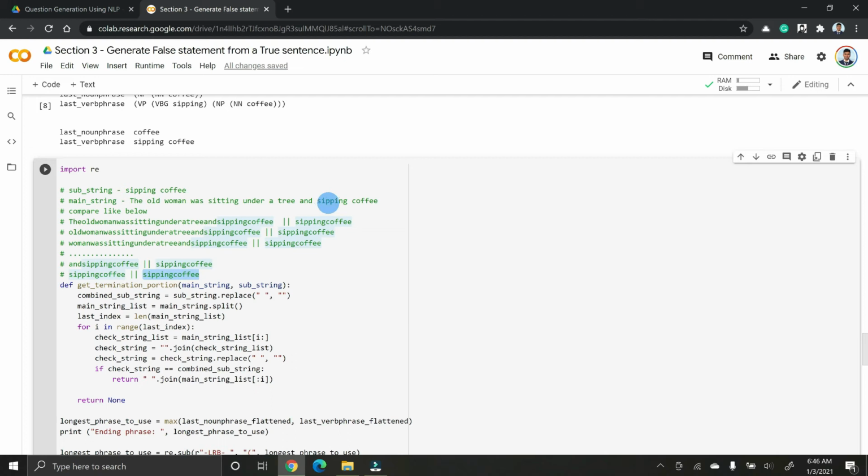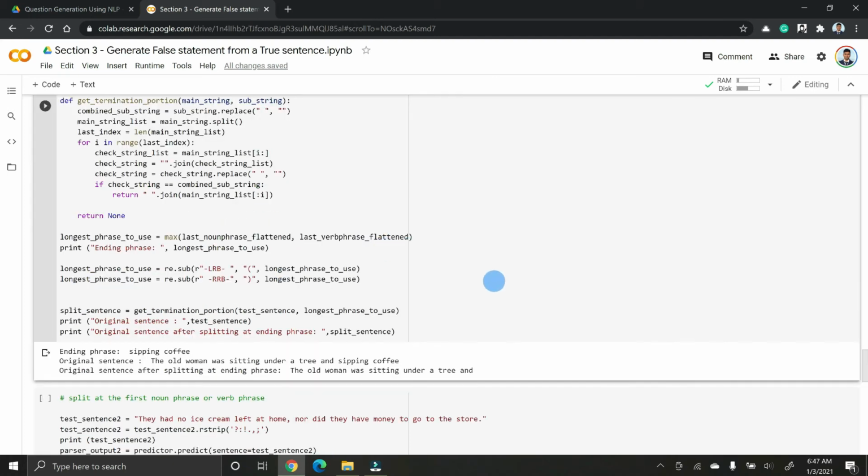The reason we are doing this is that the spaces are not preserved once we construct this tree and get back the string from the tree. So since the spaces are not preserved, the only way for us is to remove those spaces and iteratively compare, and once we have a match, then we know where we need to split the sentence.